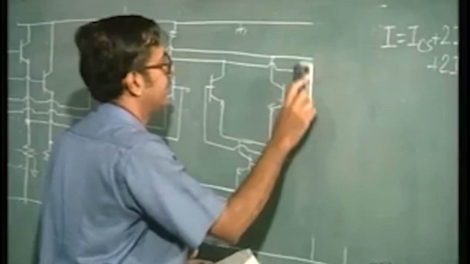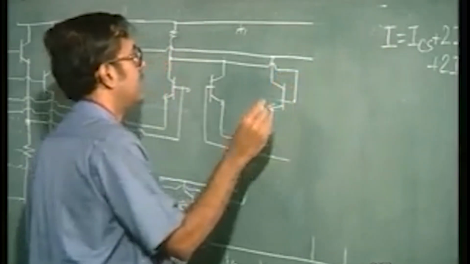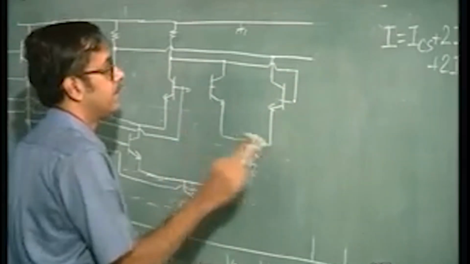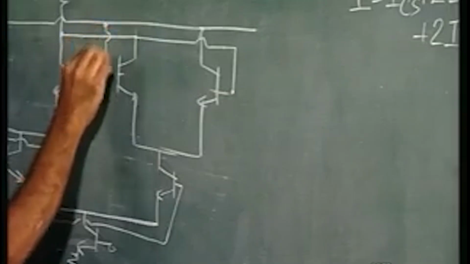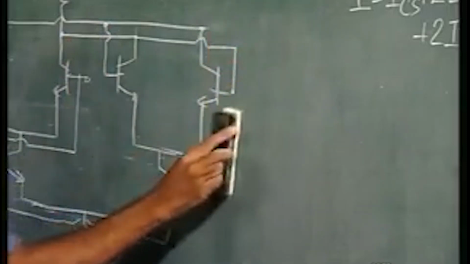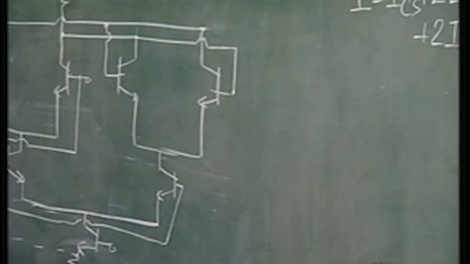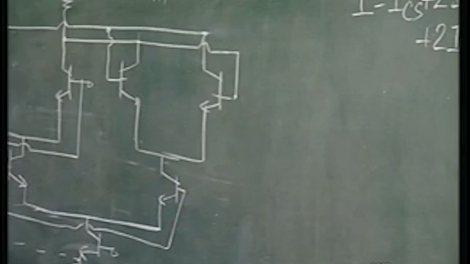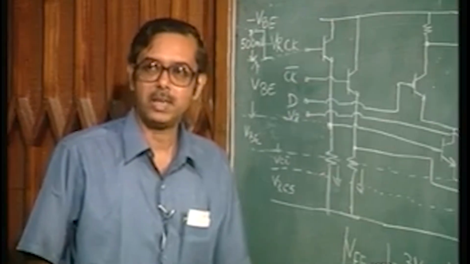this goes in directly here, and here goes in directly here. Okay. So, you have removed the emitter follower. All right, the emitter follower has been removed, which means what?